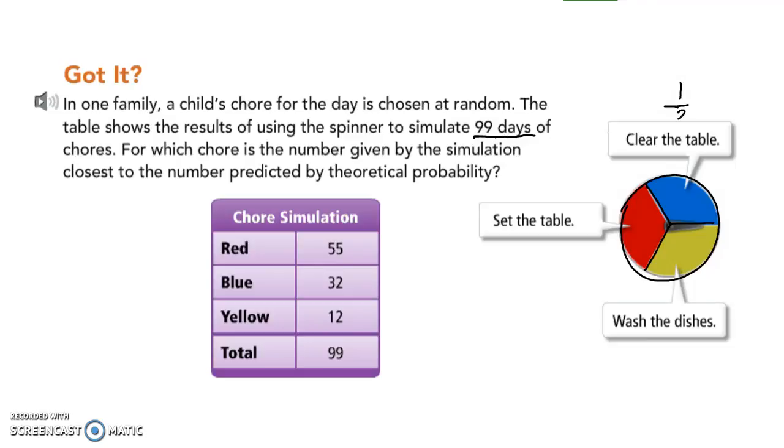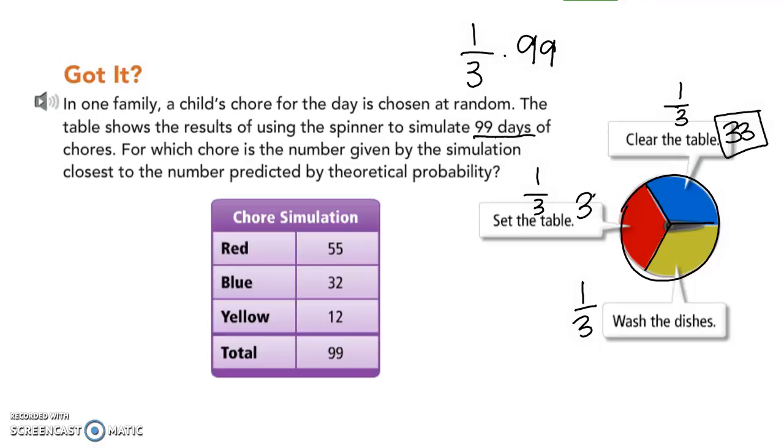So 1/3 of the days we would get clear the table, 1/3 of the days we would get set the table, 1/3 of the days we would get wash the dishes. What is 1/3 of 99? If I divided it by 3, I would expect about 33 days clearing the table, about 33 days setting the table, and about 33 days washing the dishes.